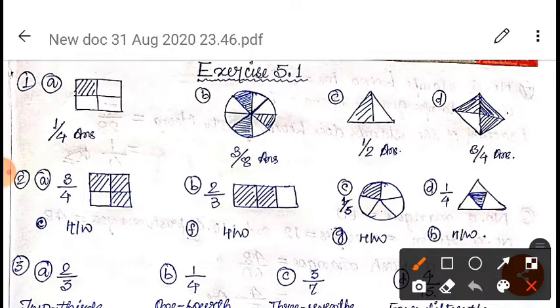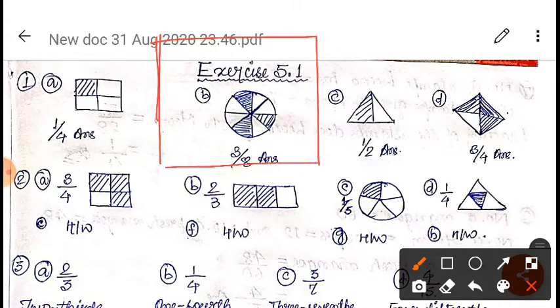So you can see in question number 1a, they have made a box like this, and this box was divided into four equal parts. In these four equal parts, they have shaded one part here.